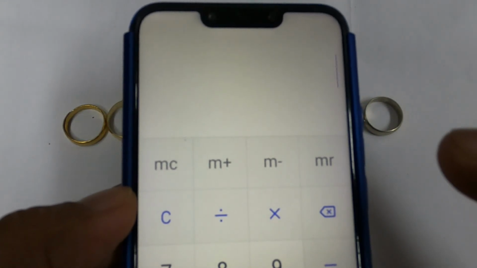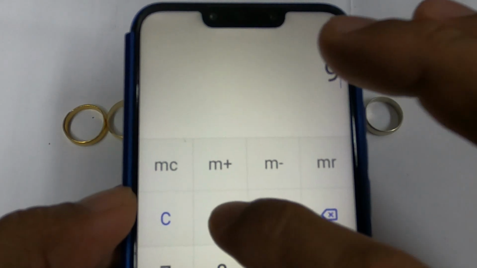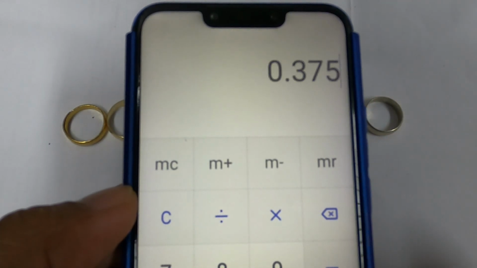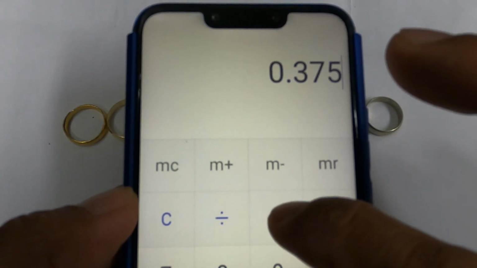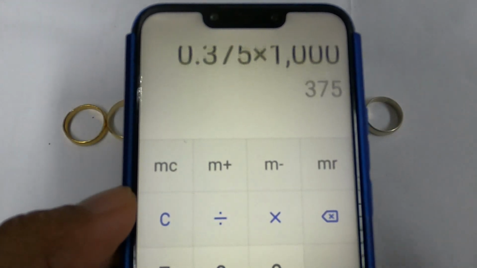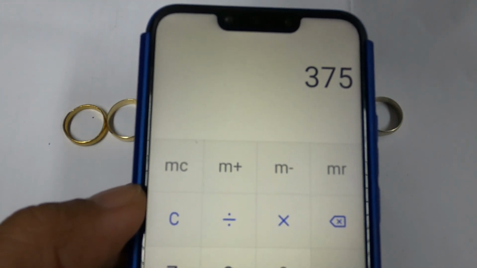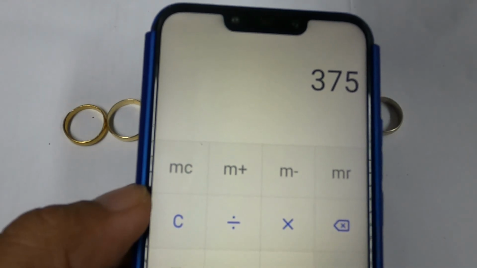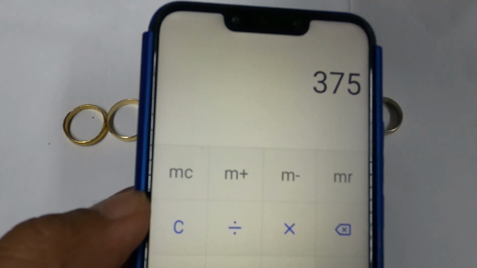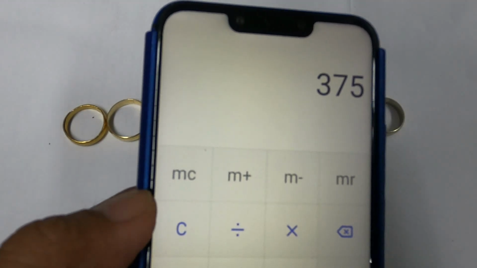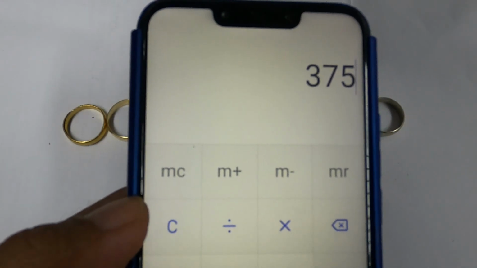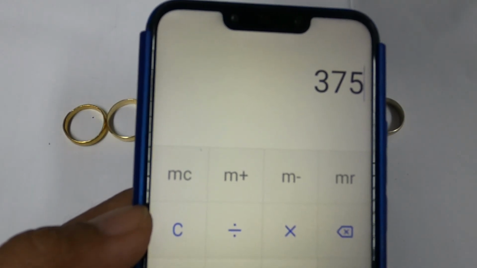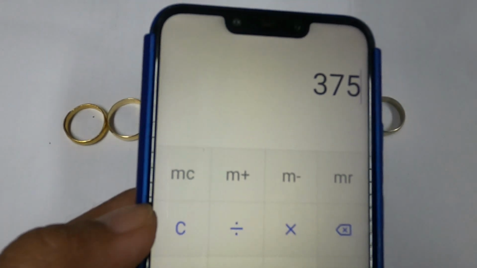Now for the 9k, 9 divided by 24 times 1000 is 375. So mostly you will see 375 or 9k on your 9 karat gold, and so on and so forth up to 4 karat or whatsoever karat you want to calculate.